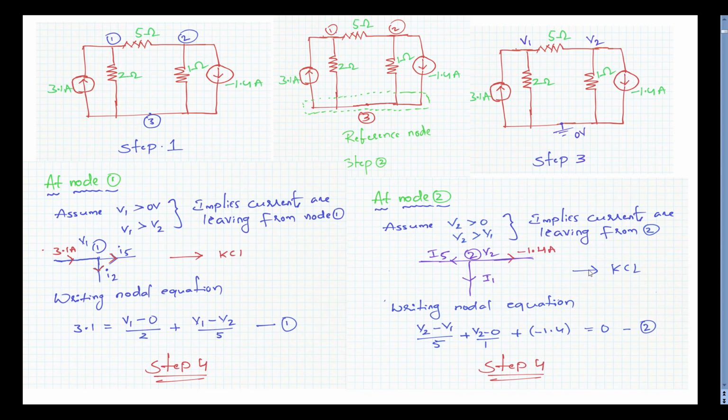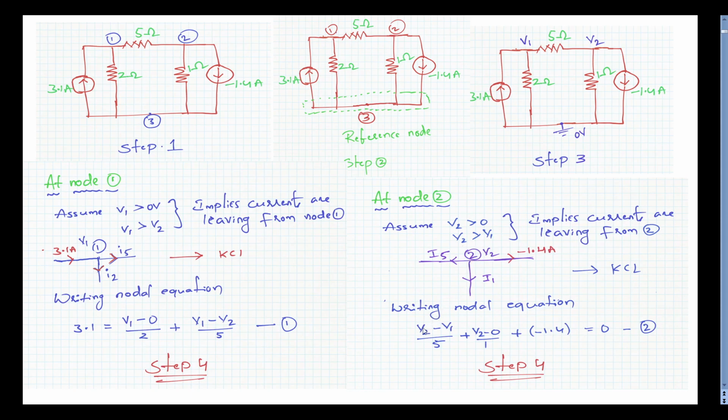What is KCL? The sum of the entering currents equals the sum of the leaving currents from a node. What are the leaving currents from the node? I5, I1, and minus 1.4 amps. There are no entering currents at node 2.